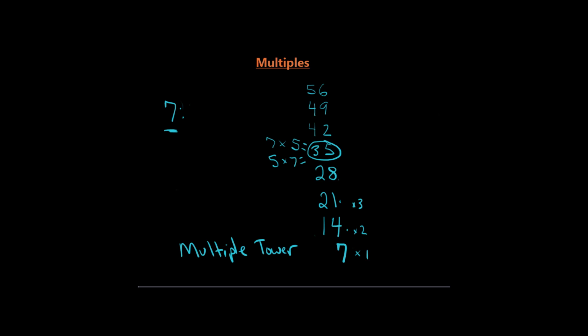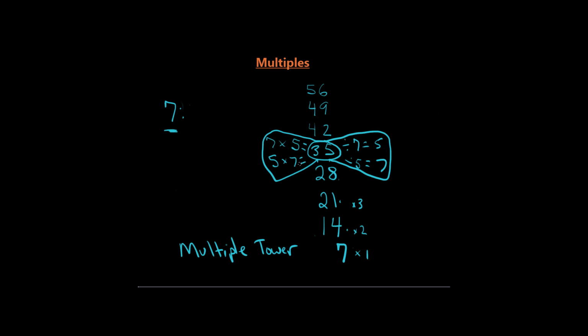So it's another way to study your multiplication facts as well. And then once we have our fact family, we know that we have 35, 5, and 7. So now we can do 35 divided by 7 equals 5, and 35 divided by 5 equals 7. So by doing a multiplication tower, now I have all the fact families of 35, for example.